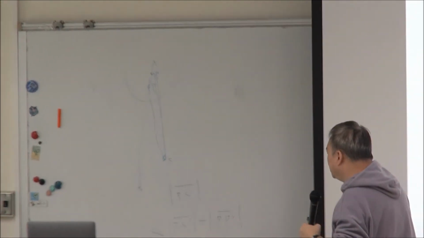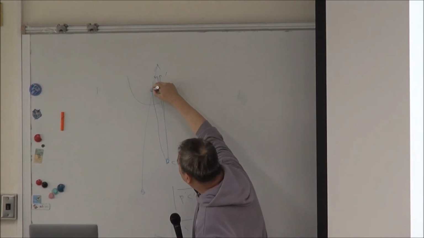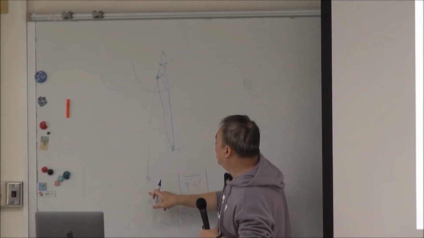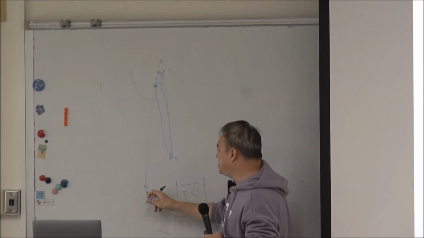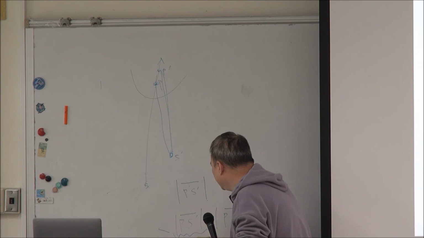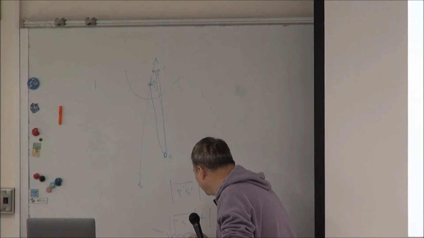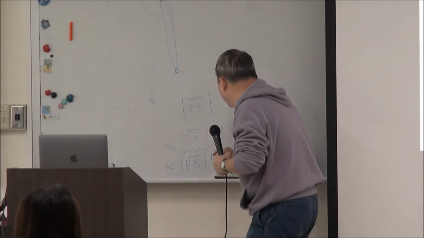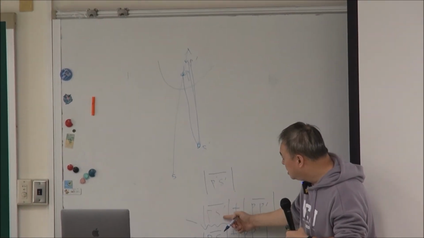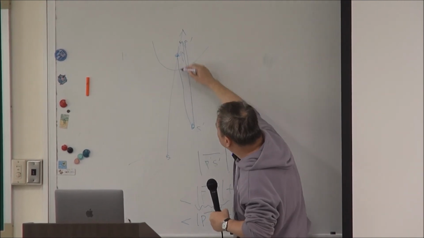Okay, and then we know, because P belongs to the furthest point, I mean from S, right? So PS must be, right? This distance must be further away than this distance, right?